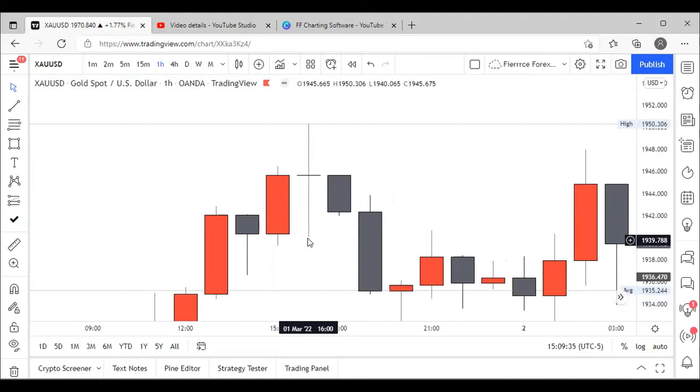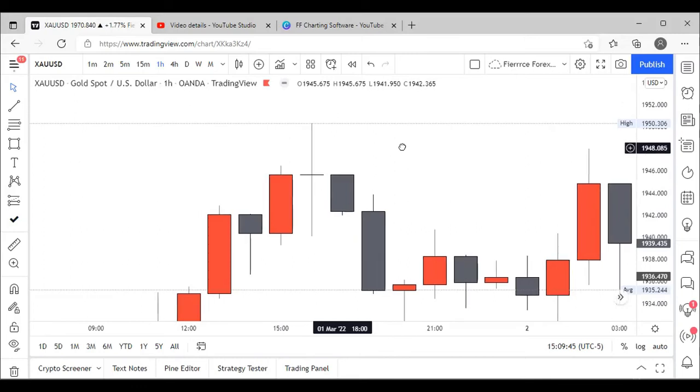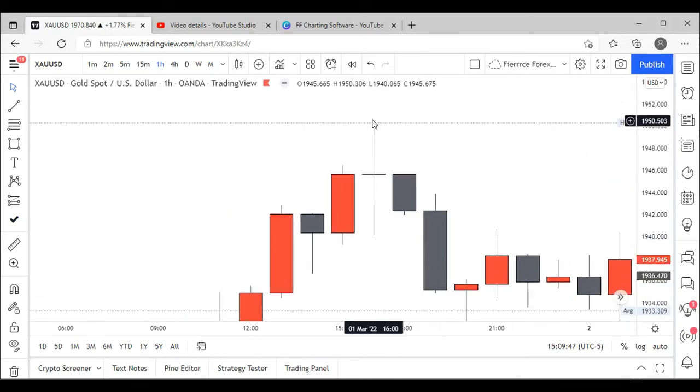My assumption is that this candlestick pushed down and then it pushed up, and then there's a bit of indecision, like neither the bears nor bulls were in control. But I'm looking at the high. The high is above this high, and there was a rejection. Price pushed down or up first, and then there was a rejection.